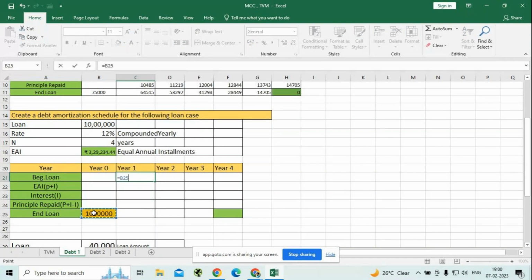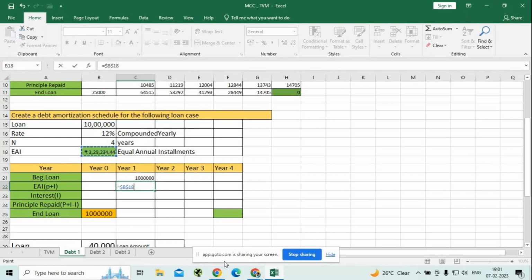From year one onwards, you are not supposed to calculate anything manually. Everything should be a reference. So this is a reference, then equals EMI. This should be frozen, because every year it is going to be the same amount.